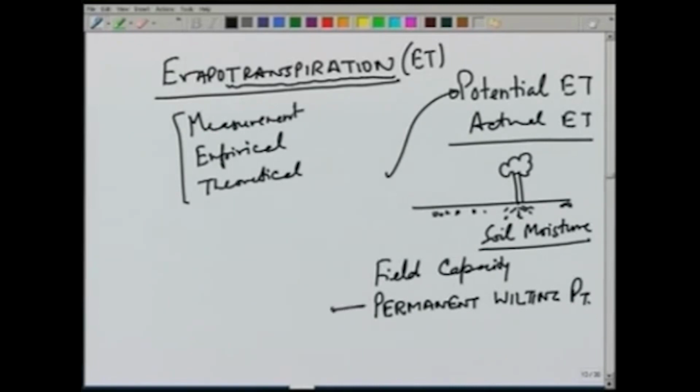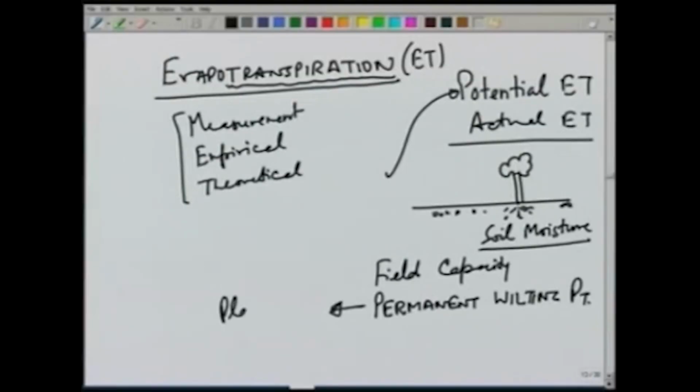Permanent wilting point is the amount of soil moisture below which plants will not survive. And field capacity, as we have seen, is the maximum amount of water which the soil can hold under gravity.